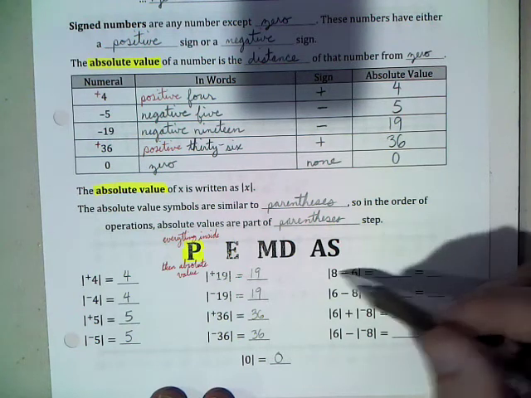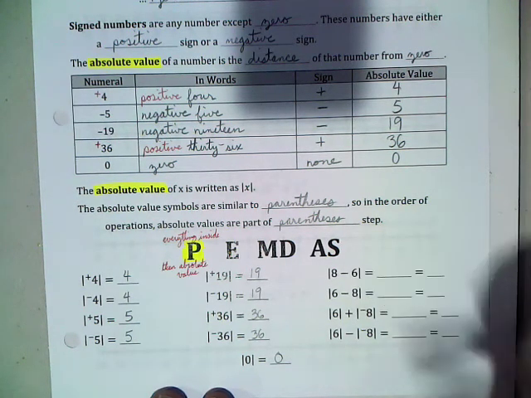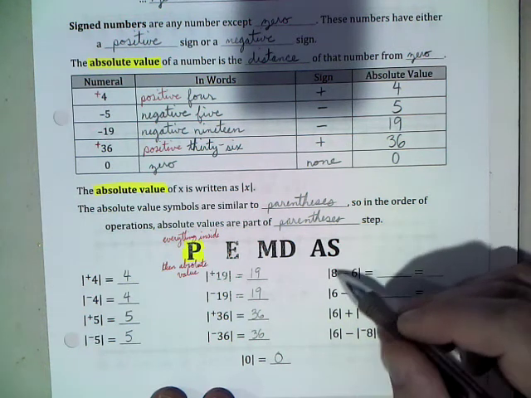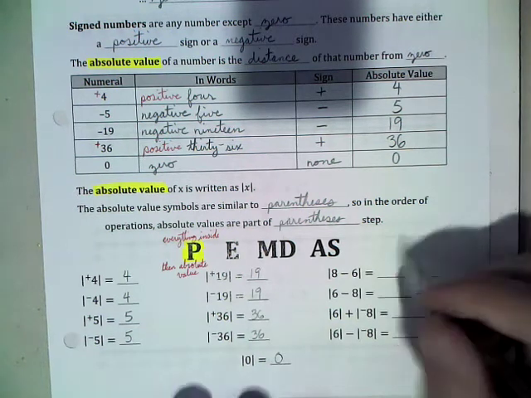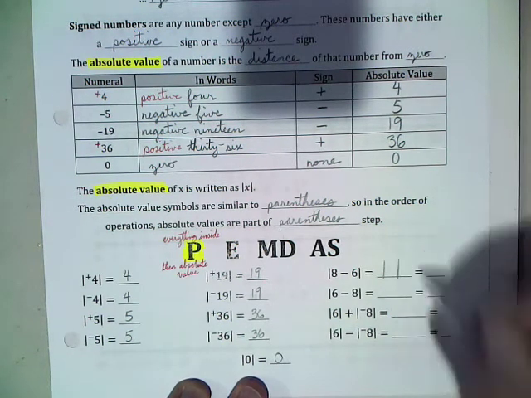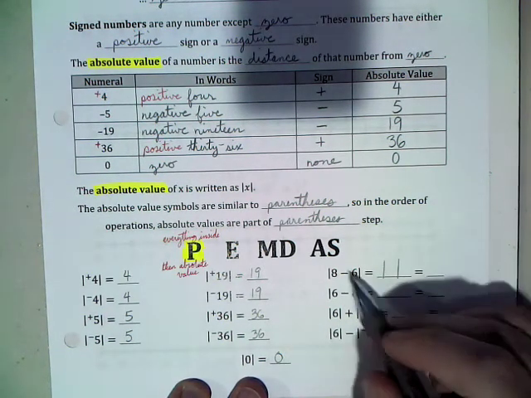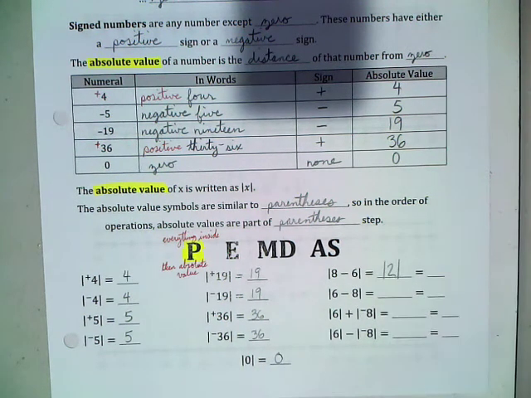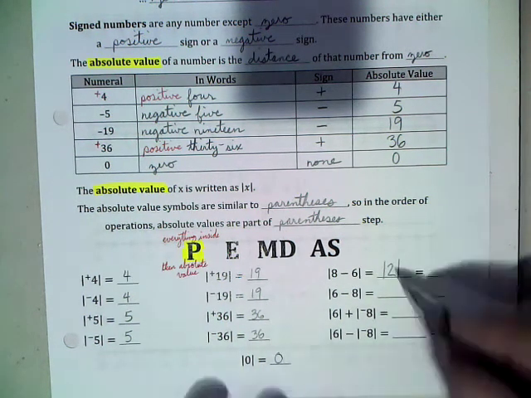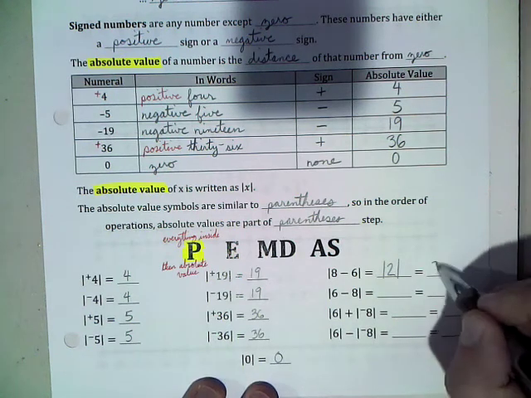So first up here, 8 minus 6, the absolute value of 8 minus 6. So since we find the 8 minus 6 inside of the absolute values, we've got to do that first. So I'm still going to have an absolute value, but I'm going to simplify 8 minus 6. So 8 minus 6 is 2. Now, how far away is 2 from 0? 2 units away.